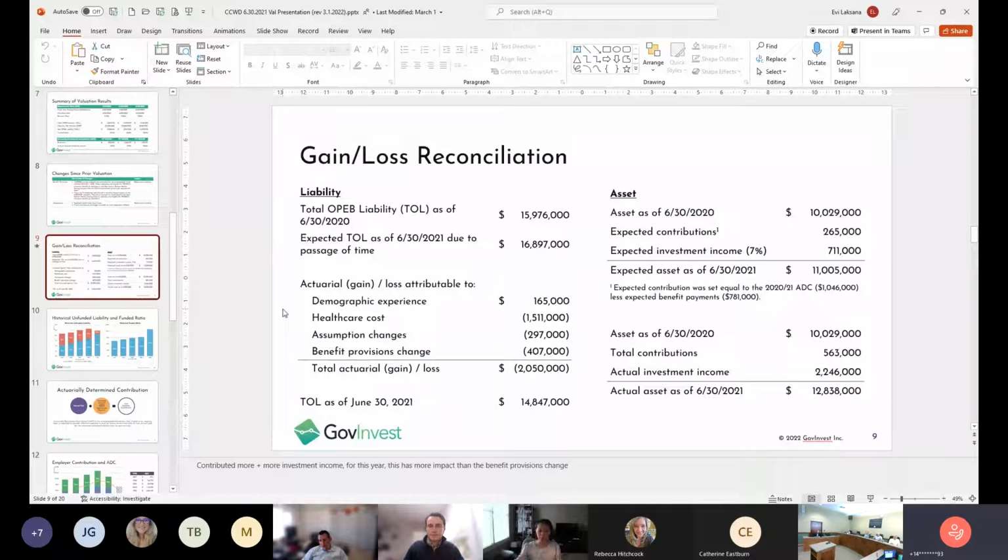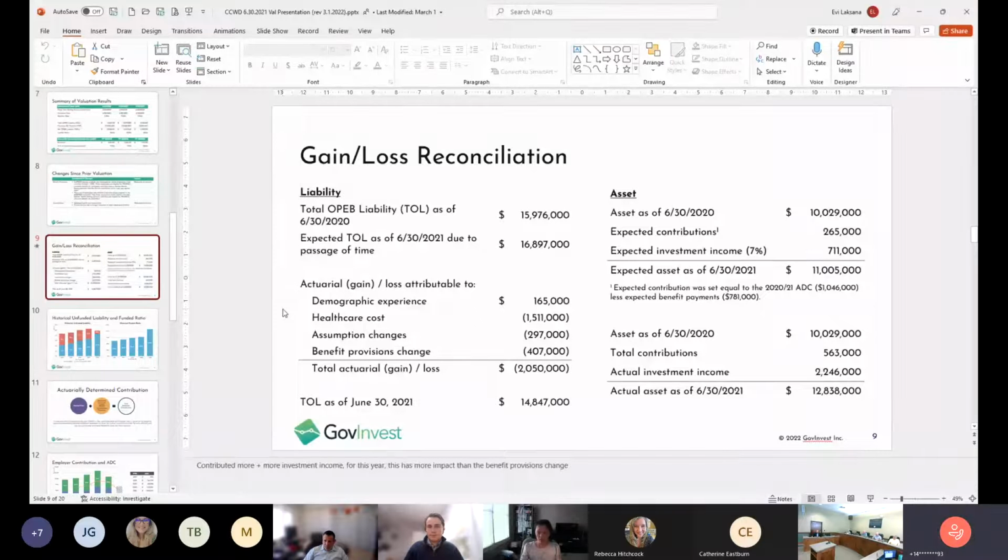If the actual premium rates are lower than what we expected the premium to be at, you have a reduction in liability due to healthcare costs. And that's what we are seeing. Essentially, the Medicare premium rate in the CalPERS plan has actually decreased since the last valuation.